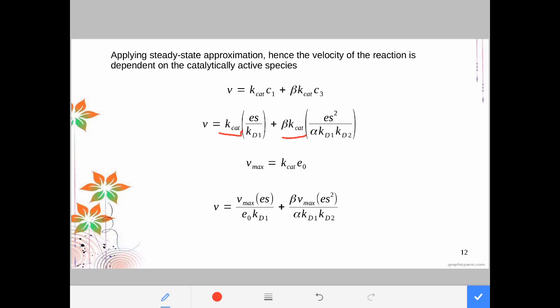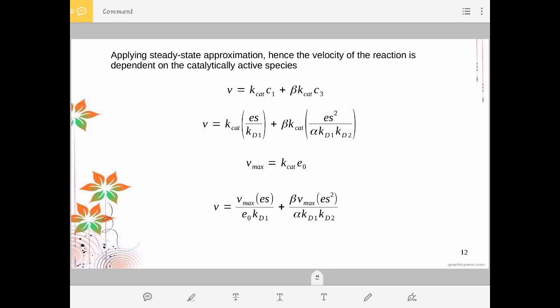Still we have two variables, we still weren't able to remove another variable, but we have E0, the total enzyme concentration. At any time the total enzyme is constant. Therefore, E0 is equal to E, the free enzyme, plus the one bound in complex 1, plus the one bound in complex 2, plus the one bound in complex 3. So that's the total enzyme concentration.